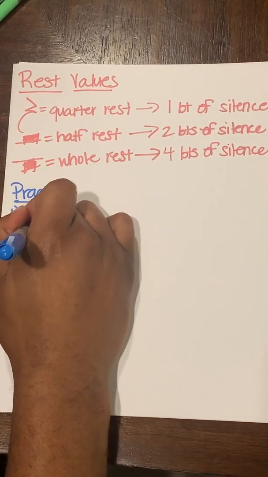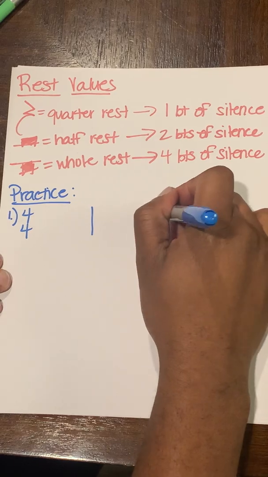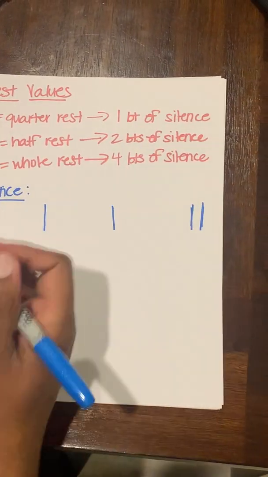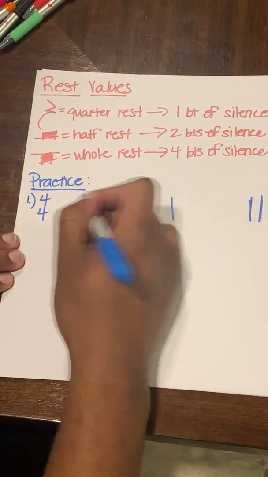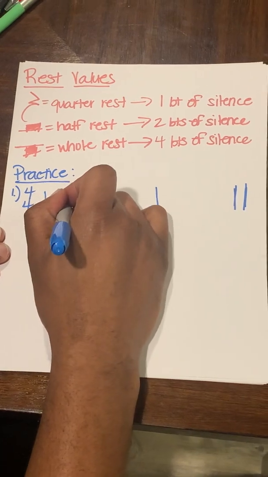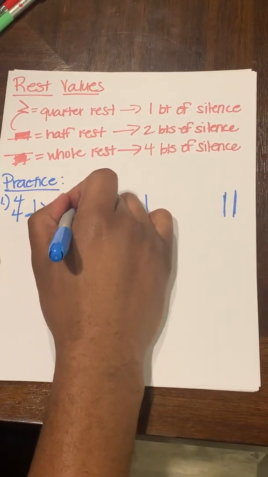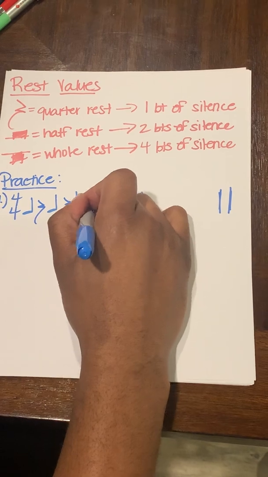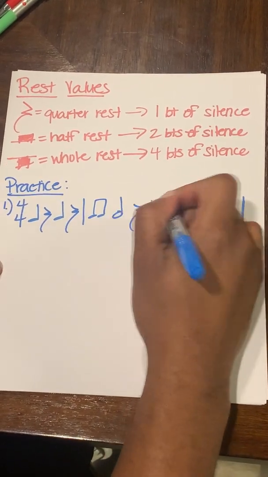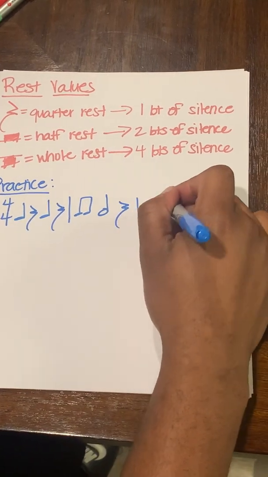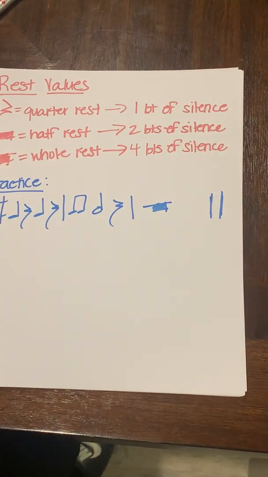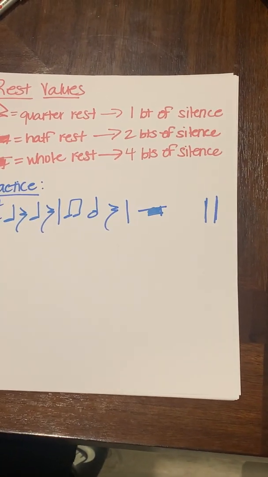We are in 4/4 time, which means there are 4 beats in each measure. All right, let's write in our beats.